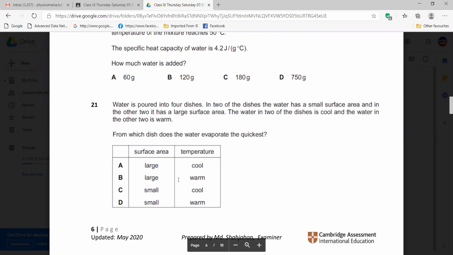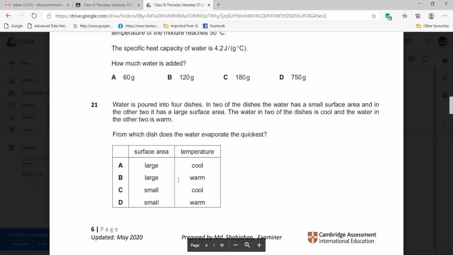Can you read the question? Farabi, read the question. Sir, 21.